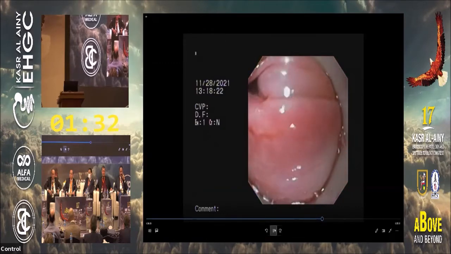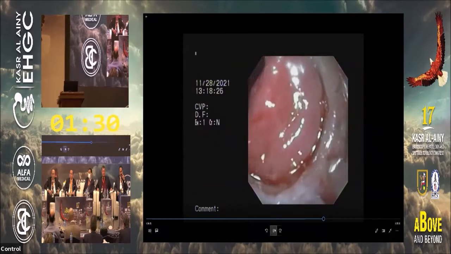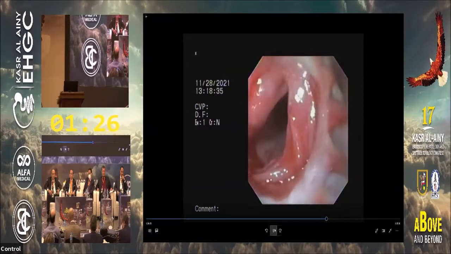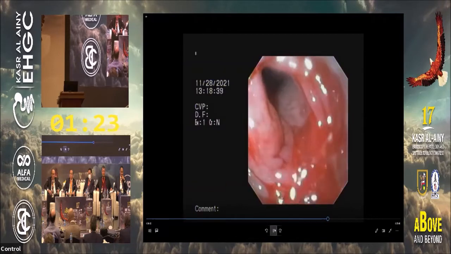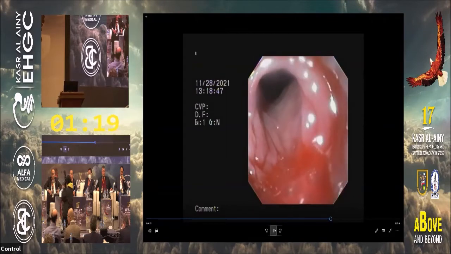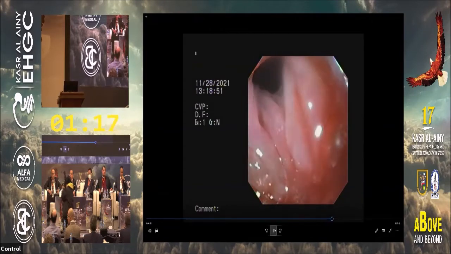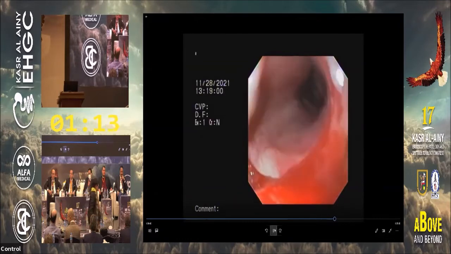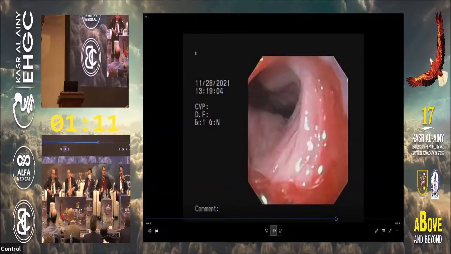It's large, and it was very difficult to introduce without any injury of the mucosa of this obese, short-neck patient. But with patience and meticulous manipulation to avoid any perforation in the upper esophagus, we passed.